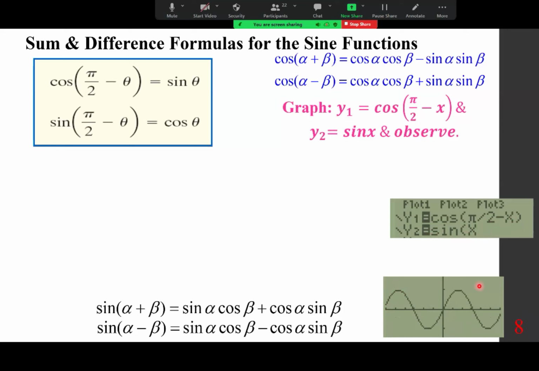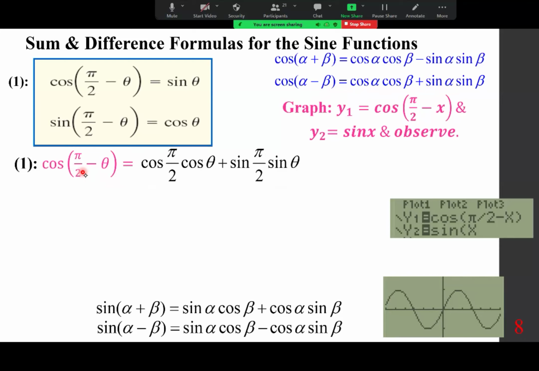However, for the first one, we can use cosine of alpha minus beta. So I'm going to prove the first one. According to this, cosine of alpha minus beta, this would be cosine of pi over 2 cosine theta plus sine of pi over 2 sine theta.